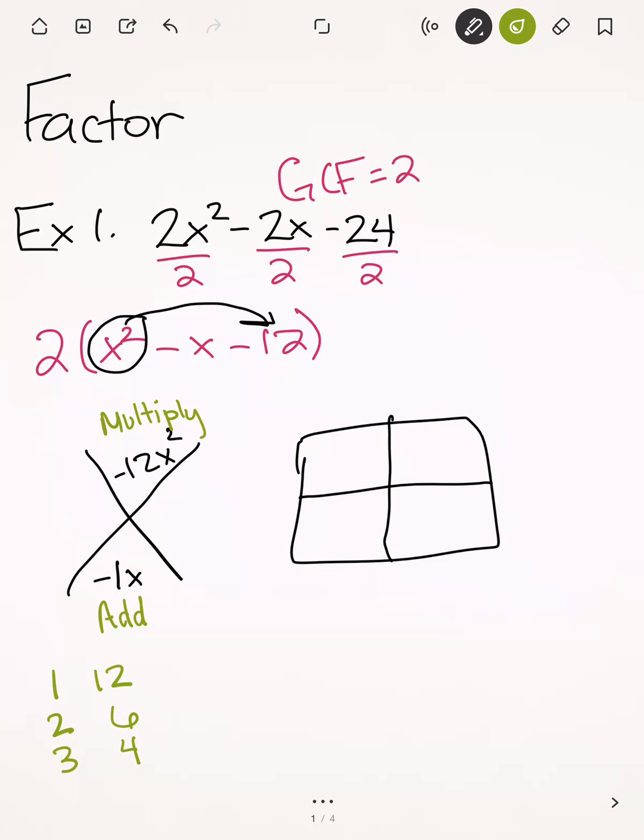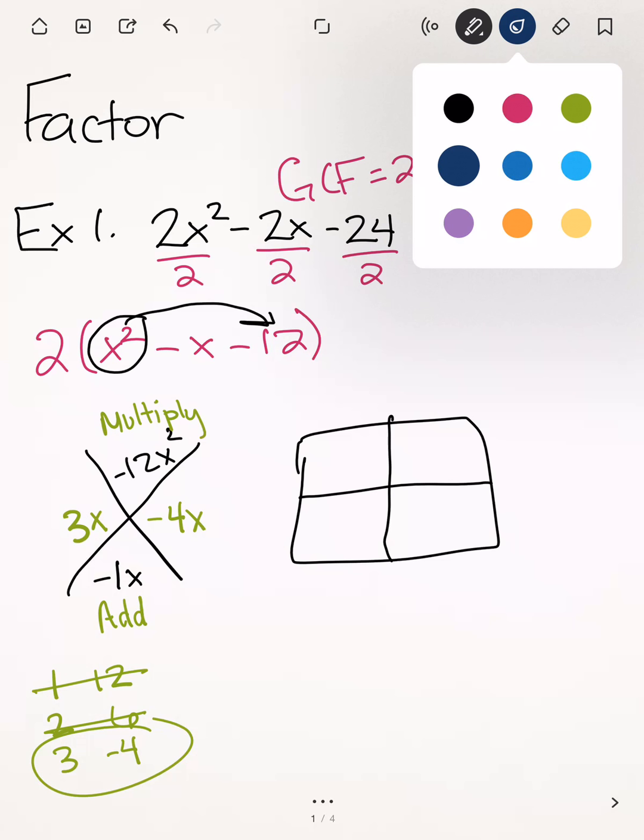Well, if I try to add or subtract 1 and 12, I won't ever get 1, so I mark it off. If I try to add or subtract 2 and 6, I won't ever get 1. But if I look at 3 and 4, if I make the 4 negative, 3 plus a negative 4, I get a negative 1. So my side parts, I put 3x and a negative 4x.